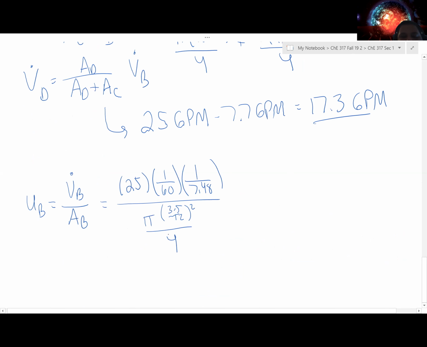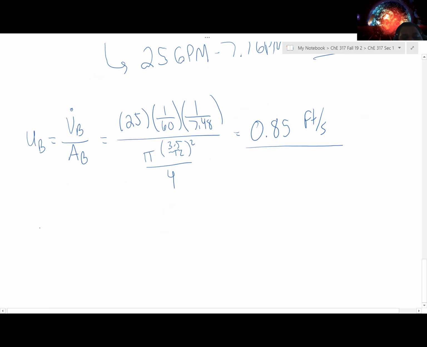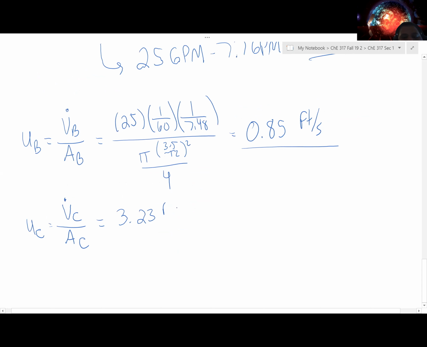I'm giving you shorthand, but if you want me to put it out in full detail, let me know. I'm just doing it for the sake of time. And if you do this, you find that the velocity of section B is 0.45 feet per second. If you use the same approach for C, volumetric of C for the area of C, you get a velocity of 3.23 feet per second.